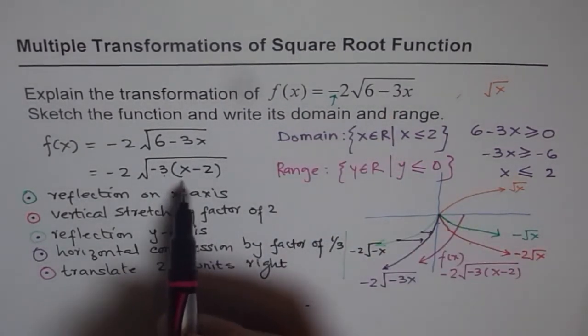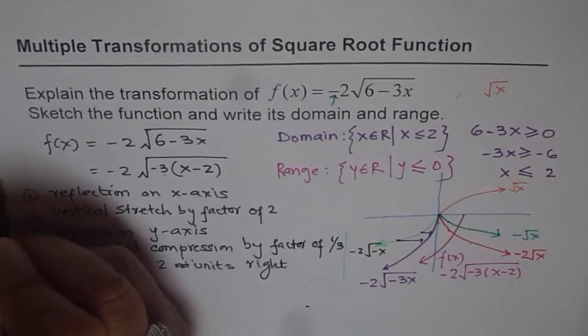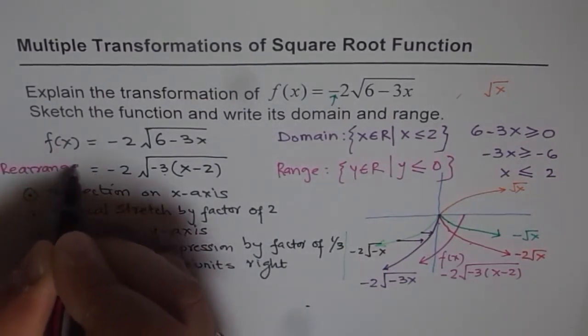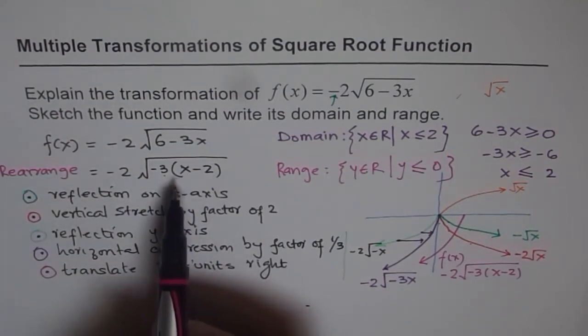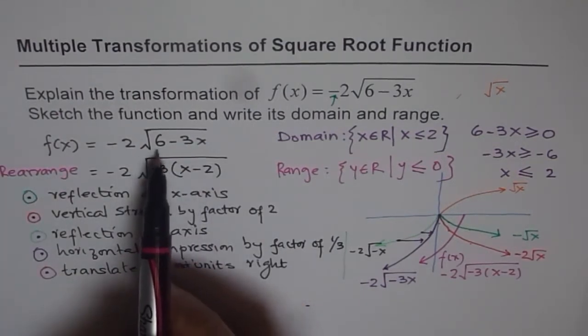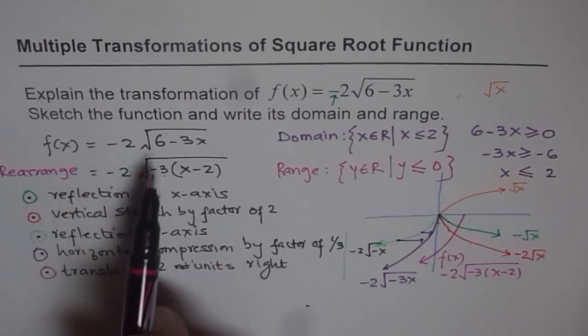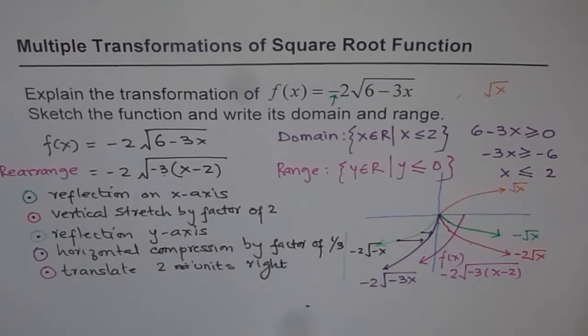That is a very critical step. If you don't rearrange, you can get a couple of wrong answers, especially in horizontal translation. I've seen that mistake in so many papers. Okay, avoid that. If you get that wrong, you get a lot of mistakes here, right?